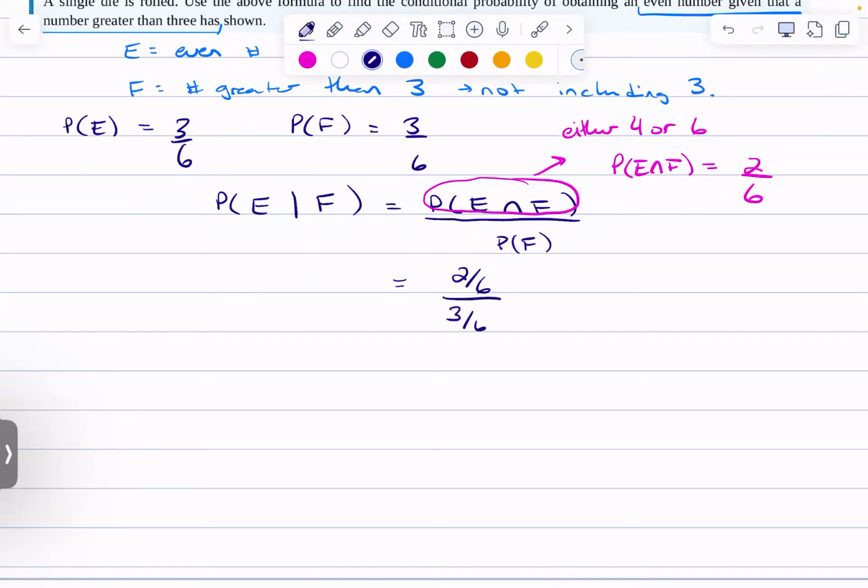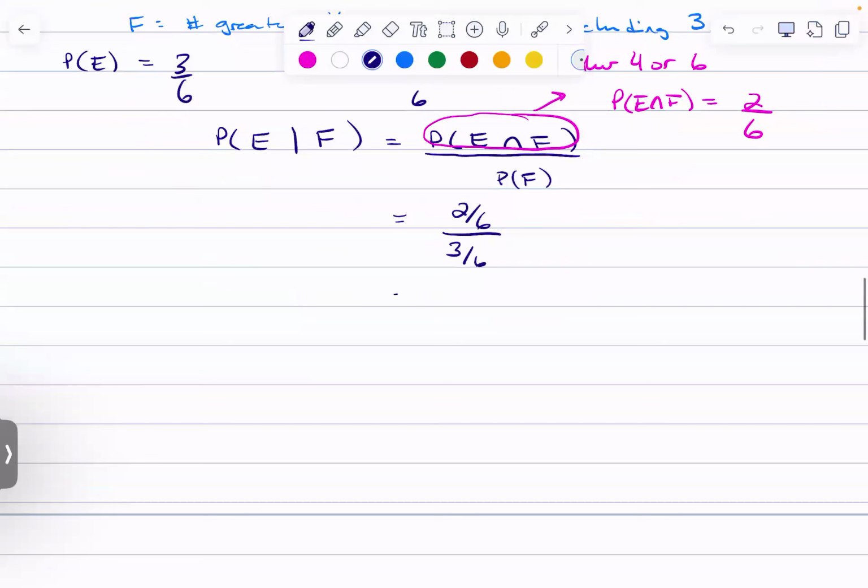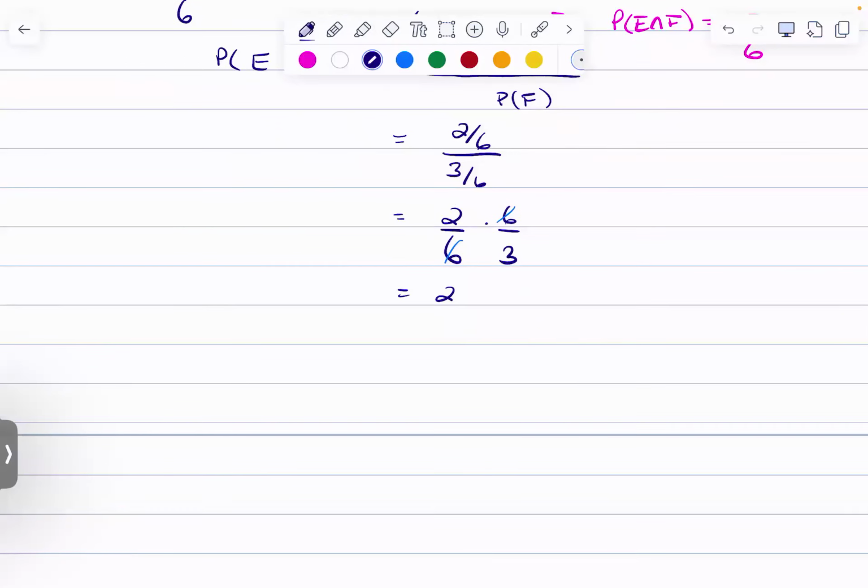When you have a fraction over a fraction, you flip the denominator and multiply them. So you get 2 over 6 times 6 over 3, but 6 over 6 cancels to 1, and you're left with, ta-da, 2 over 3, which is what we found.